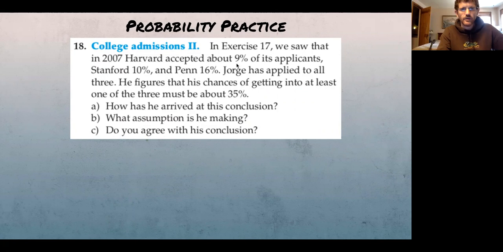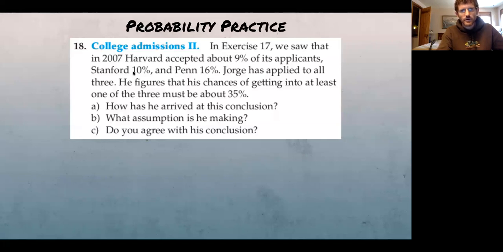So Jorge has applied to 3 colleges. Harvard accepts 9%, Stanford 10%, Penn accepts 16% of their applicants. He thinks he has a 35% chance of being admitted. And of course, how did he arrive at this? Well, he just added these together. And the assumption is that these are mutually exclusive. And the fault there is, of course, some of the same people applied to 2 or all 3 of these.